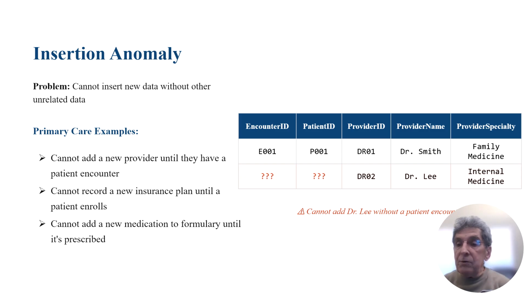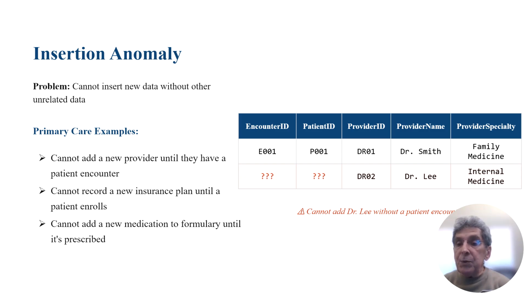The table might have encounter ID as part of the primary key, and you can't have a null primary key. So what happens? Either you can't add the new provider until she sees her first patient, which is absurd from an operational standpoint, or someone creates a fake placeholder encounter just to get her into the system. Neither option is acceptable.